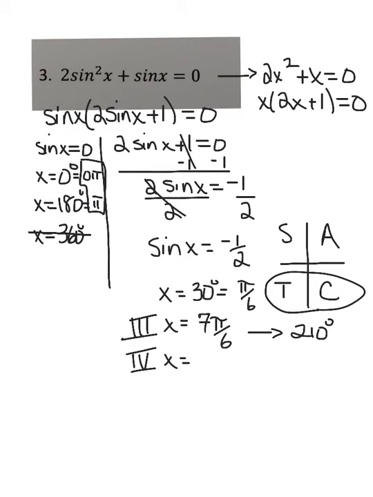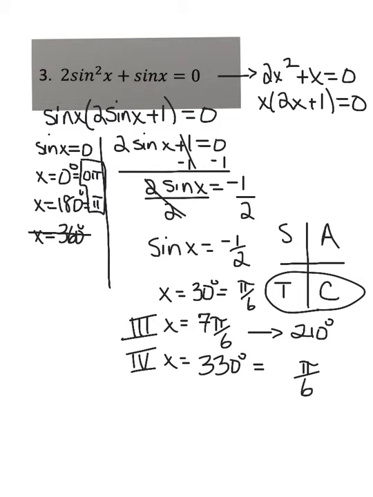Okay, so let's do it right this time. So in the fourth quadrant, remember the rule is 360 minus the reference angle. So 360 minus this 30. So 360 minus that 30 is 330 degrees. And then we know that this is going to be some multiple of 30 degrees, so some multiple of pi over 6.